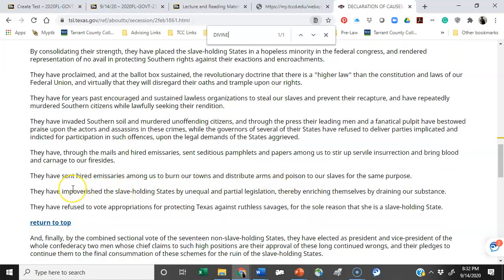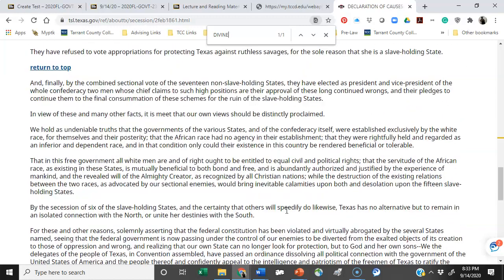Now, they also said that they had sent people to burn down towns, poison slaves. They have impoverished slaveholding states. They refused to vote appropriations for protecting Texas against ruthless savages. So they also said that they were not protecting them from Native American attacks, and they said they were doing that because Texas was a slaveholding state.